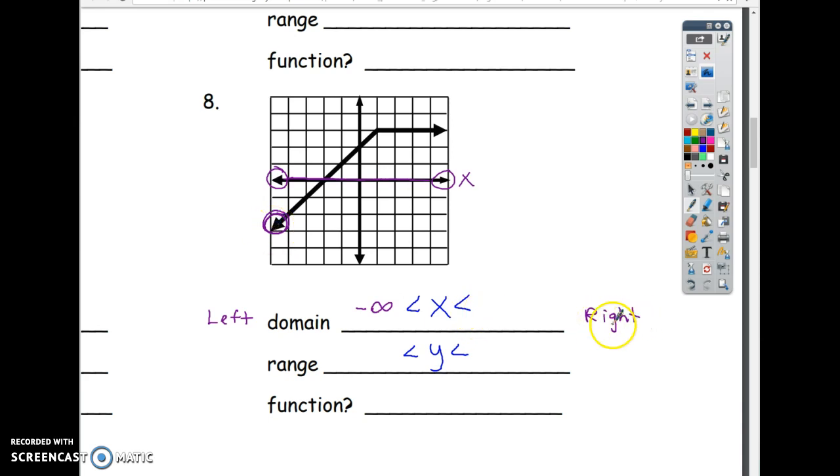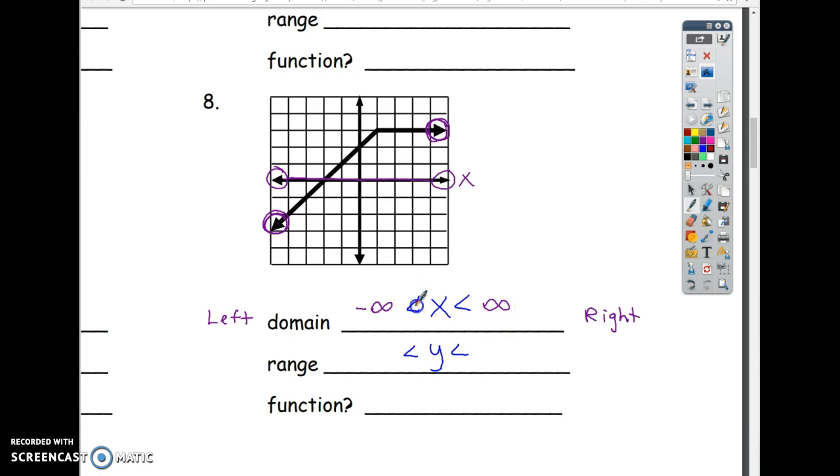What is my rightmost point? Where does it stop on the right? It keeps going forever and ever and ever. That's positive infinity. It's not going to stop. It doesn't stop, okay? So then what did I tell you happens when you have a negative infinity or a positive infinity?